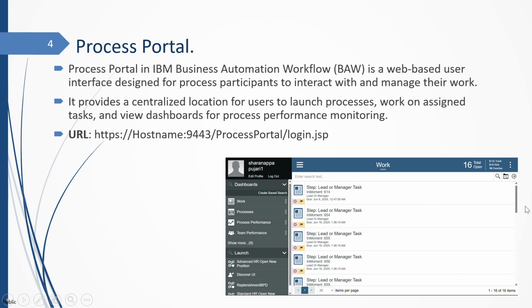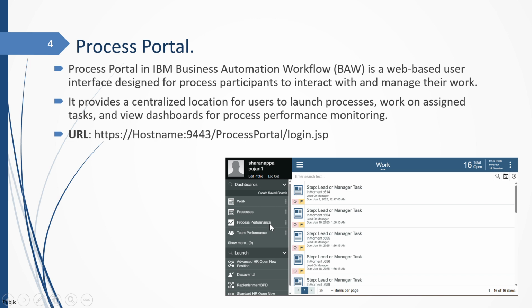Login.jsp. So mainly the Process Portal looks like this, where we have the login details and the Work tab. The Work link has the tasks which are assigned to the user or to their team members or team. Also we have Processes. If the user is part of multiple processes, he can see the process instances under the Processes link.